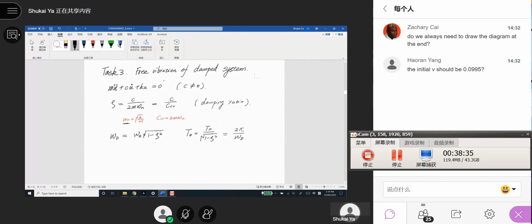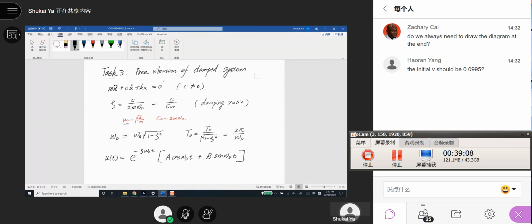As given, the expression for u(t) is pretty similar, but we introduce another parameter, an exponential term.